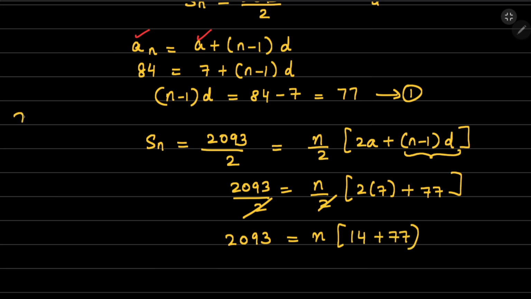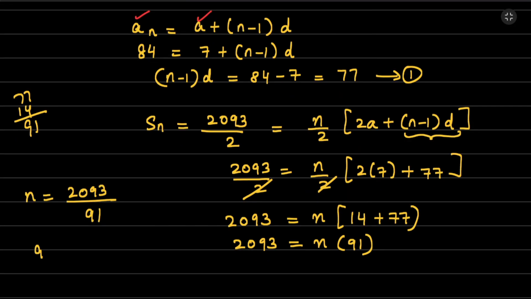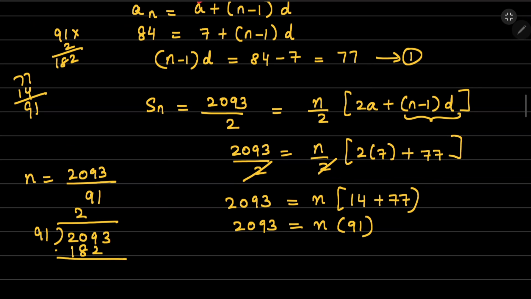So what is 14 plus 77? 91, right? So n into 91 is equal to 2093, and n is equal to 2093 divided by 91. You can just calculate the value. So 91 into 2 is 182, subtract.